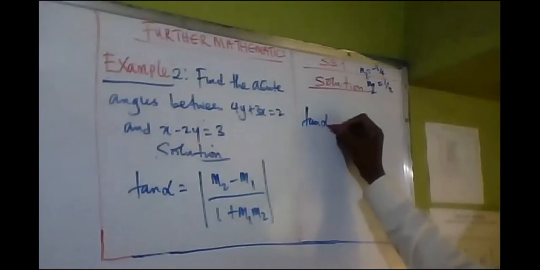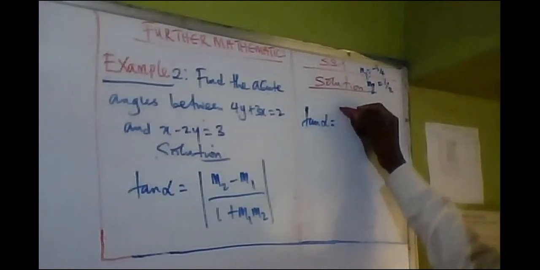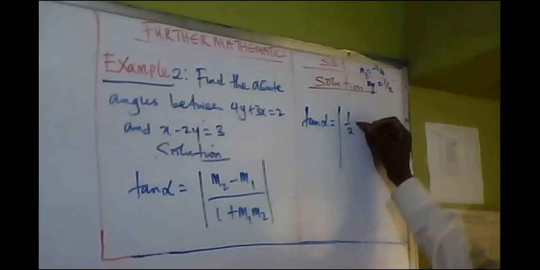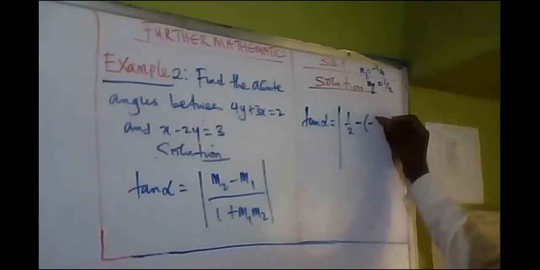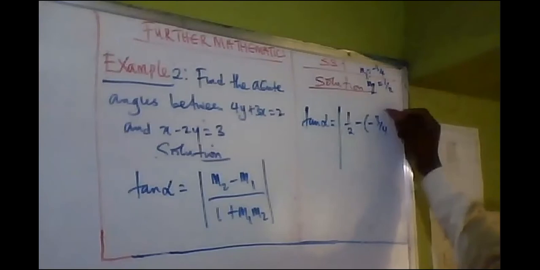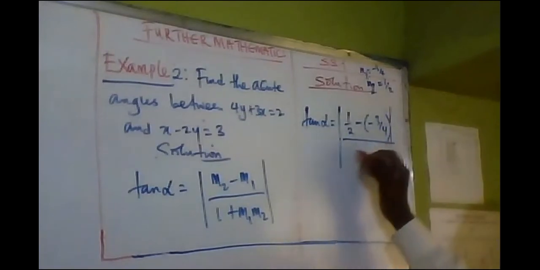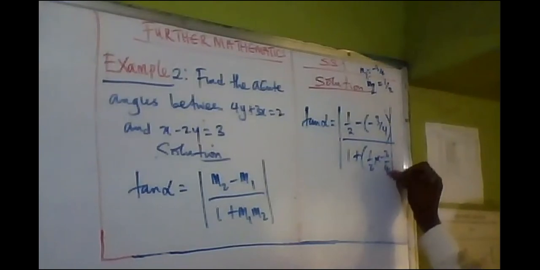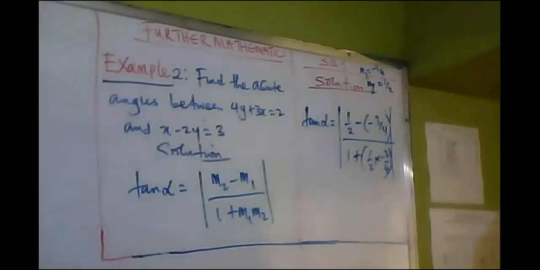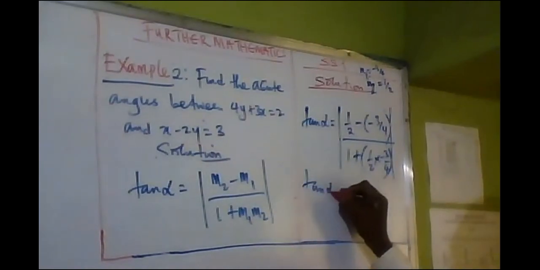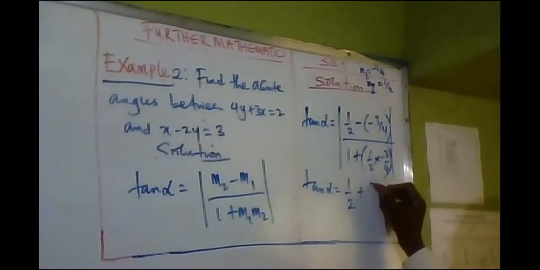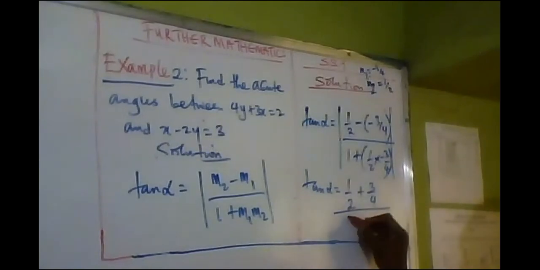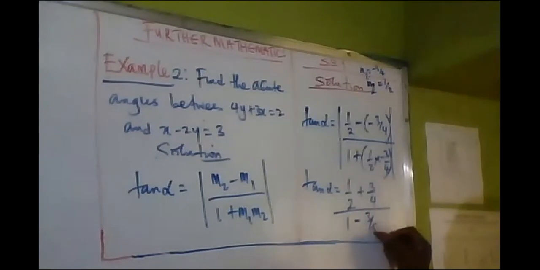Tan alpha is equal to half minus, in the formula, minus 3 over 4, all over 1 plus half times minus 3 over 4. So tan alpha will now give us half plus 3 over 4 all over 1 minus 3 over 8, since minus times plus is minus.